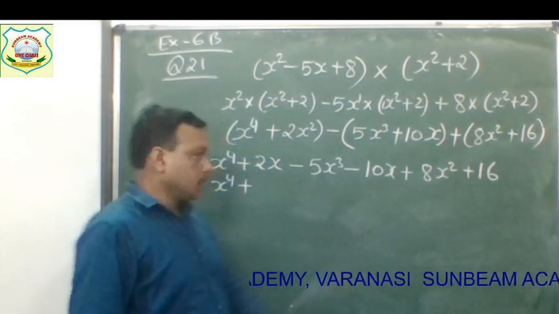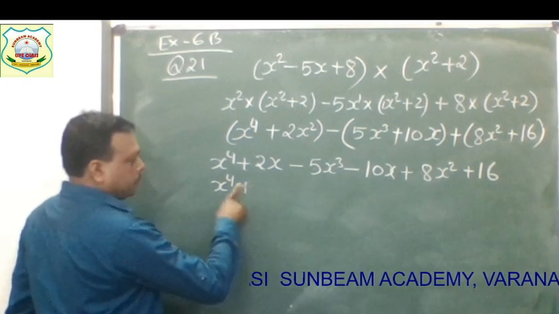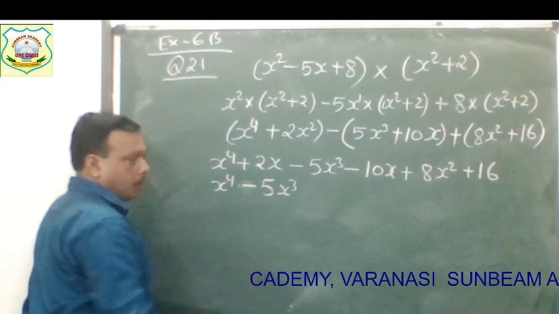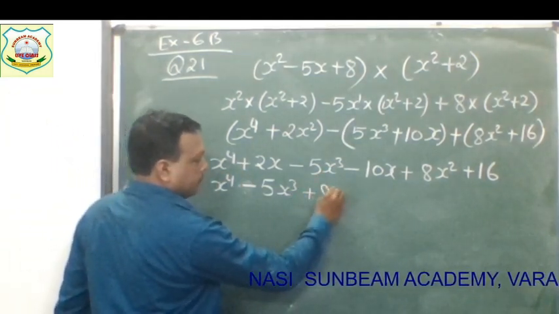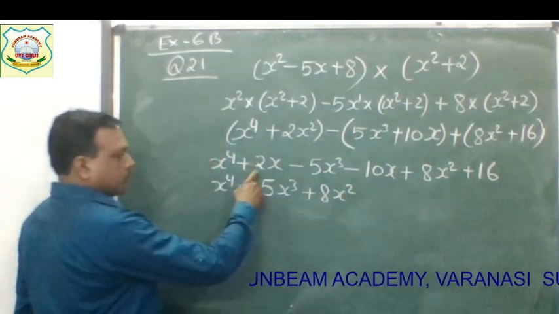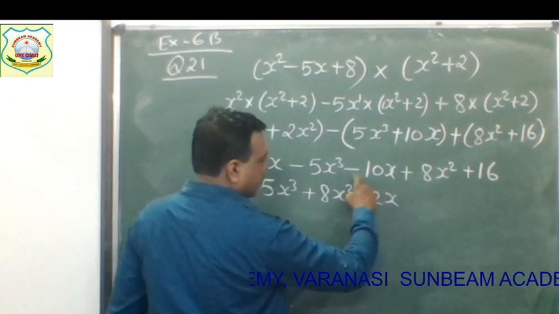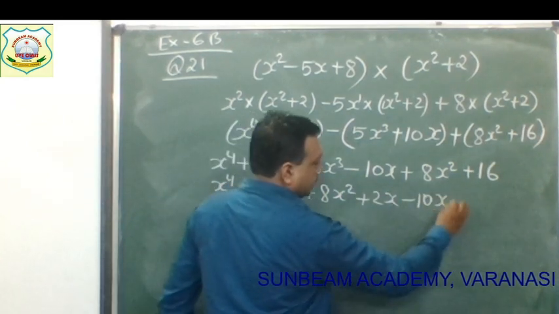This way we will see. So now we will write minus 5x cube. Any other 5x cube place, no one is there. Plus 8x square, same we will write. Now terms of x: plus 2x and one more is here, minus 10x, plus 16.